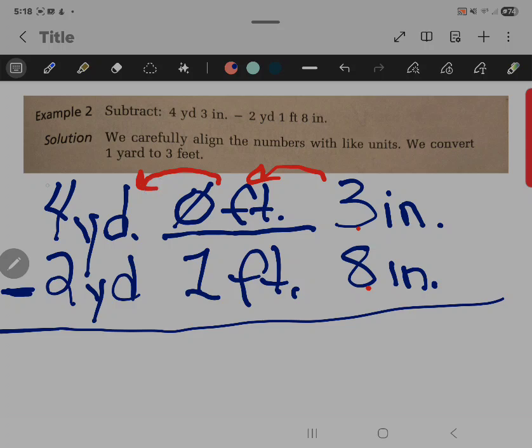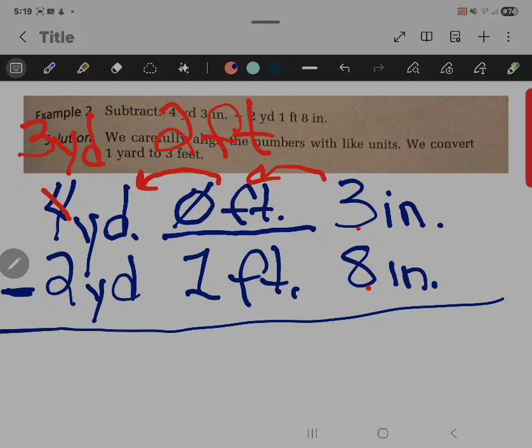So if we borrow 1 yard from here, that ends up being 3 yards, right? And if we borrow 1 yard, now how many feet do we have? Well, we have 3 feet because 3 feet equals 1 yard. But we want to borrow one of those for here. So we're going to have 2 feet here, and we're going to transfer one of those feet over to inches.